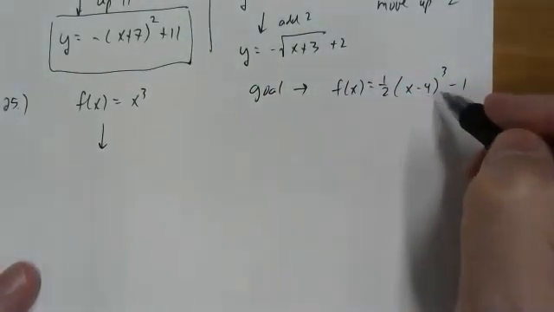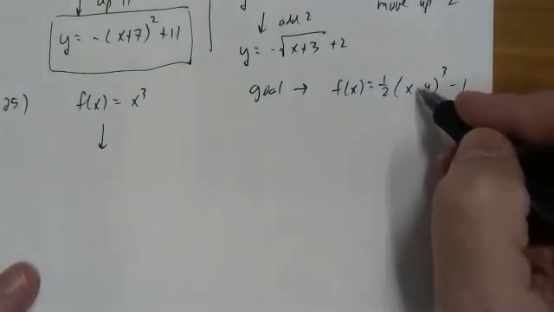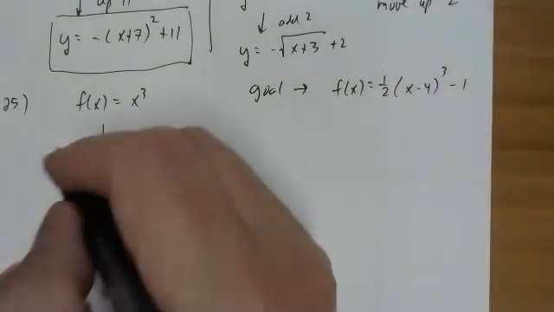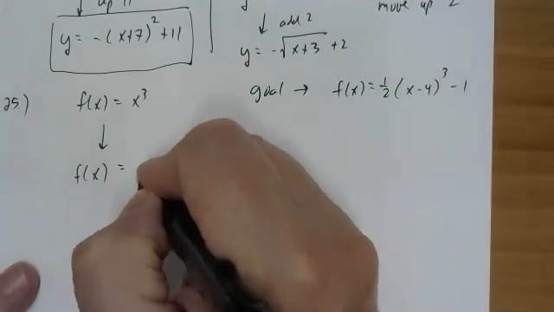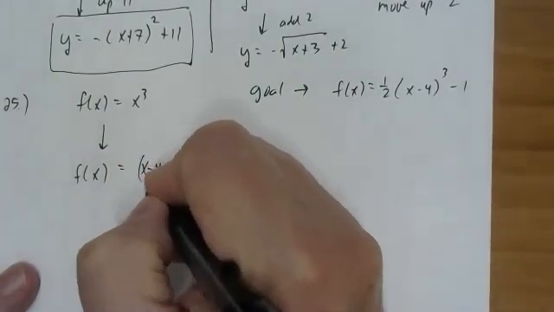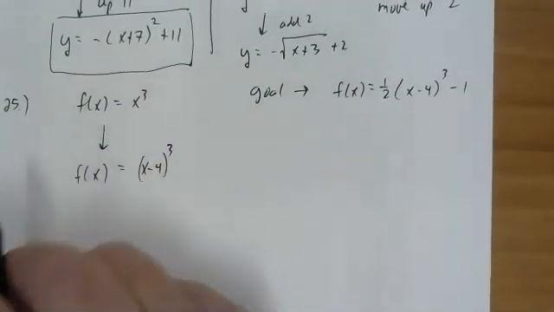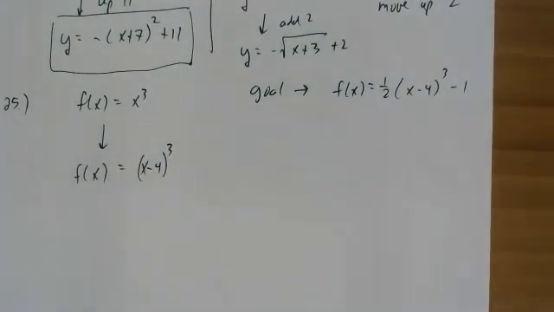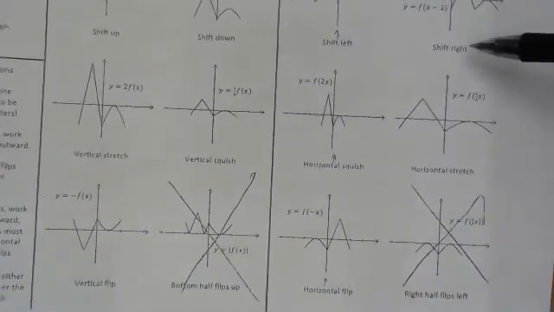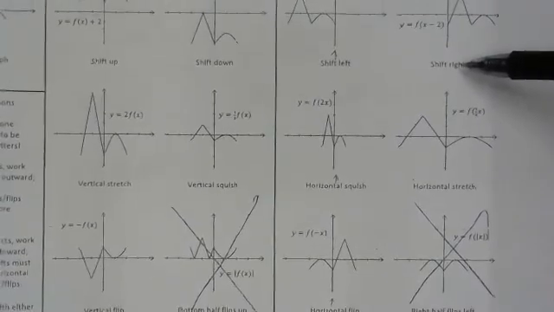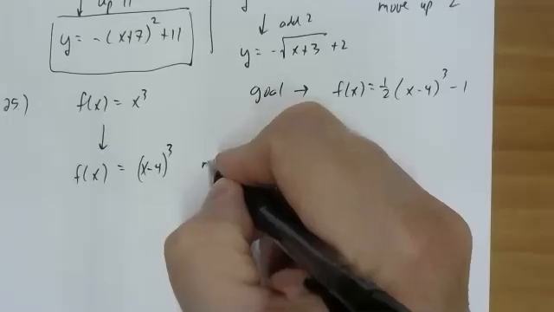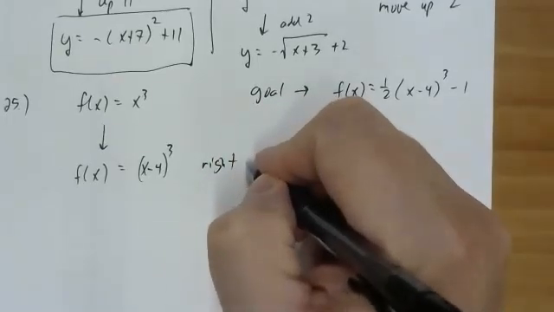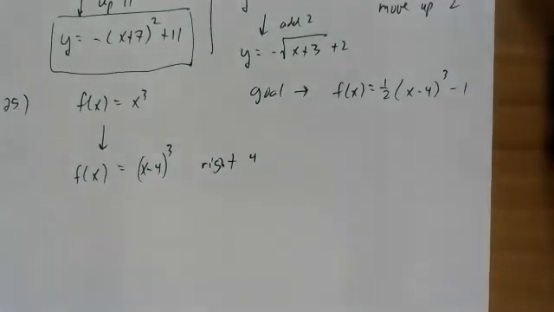To go from here to here, working inside out, I'm going to subtract 4 from x. That's going to be inside the function. So inside the function, when you subtract 4, it's going to shift right. So the effect is shift right 4.